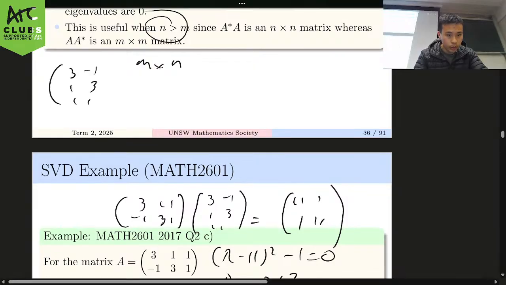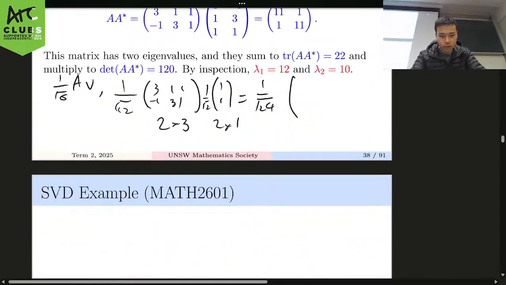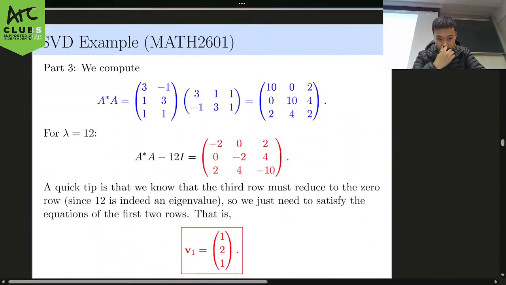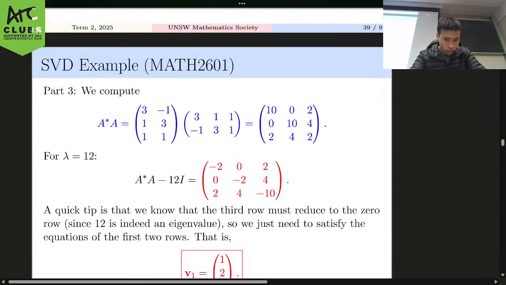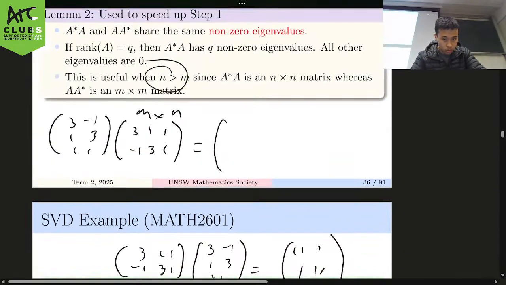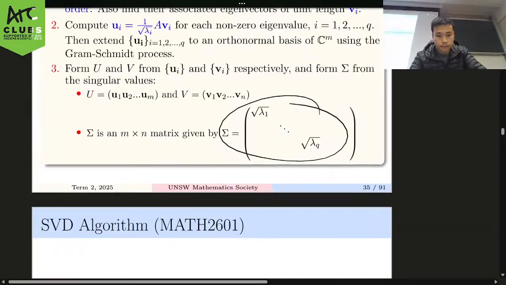3, negative 1, 1, 1. 3, 1, 1, negative 1, 3, 1. Okay, at this point I can't be bothered. 10, 10, 10, 10, 2. 4, 2.